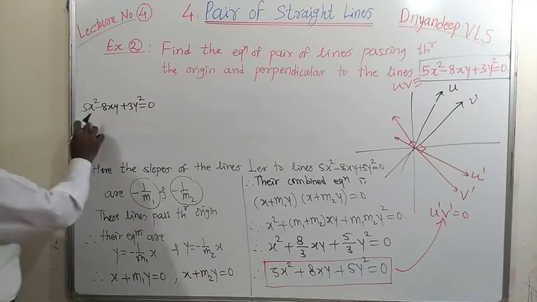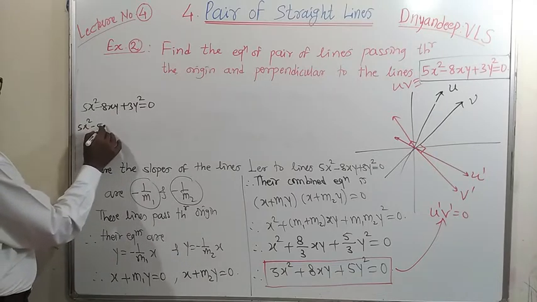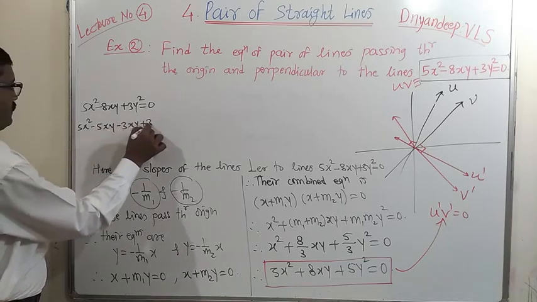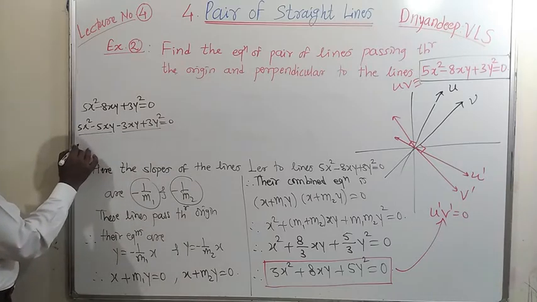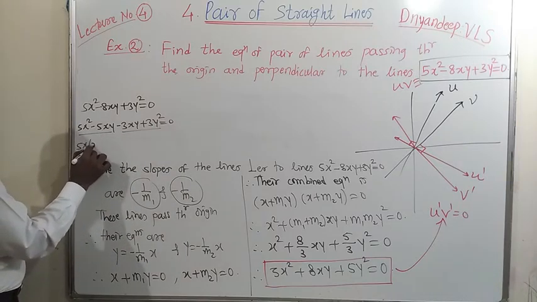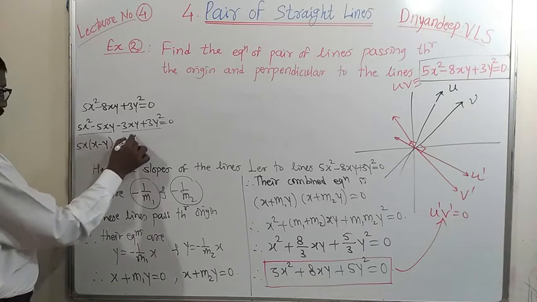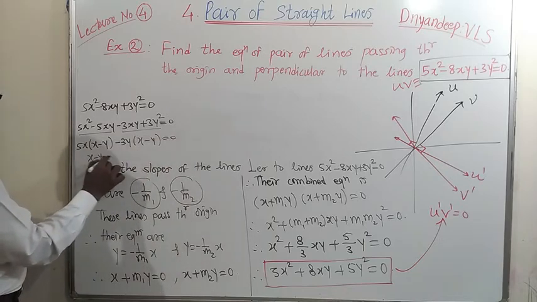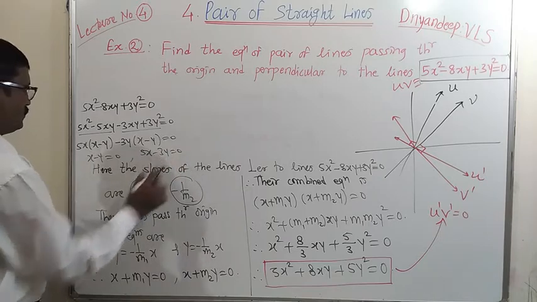We can find the factors of this, so that we get 5x square minus 5xy minus 3xy plus 3y square equal to 0. So that we get factors here, 5x in bracket x minus y minus 3y in bracket x minus y equal to 0. So x minus y equal to 0 and 5x minus 3y equal to 0.